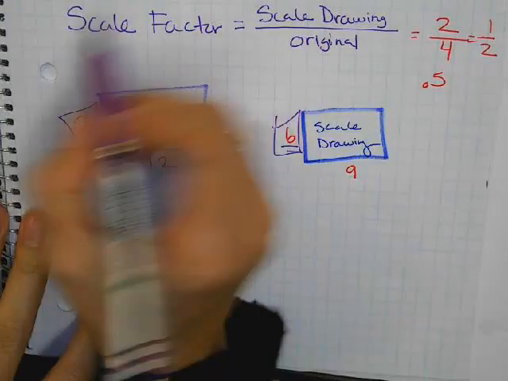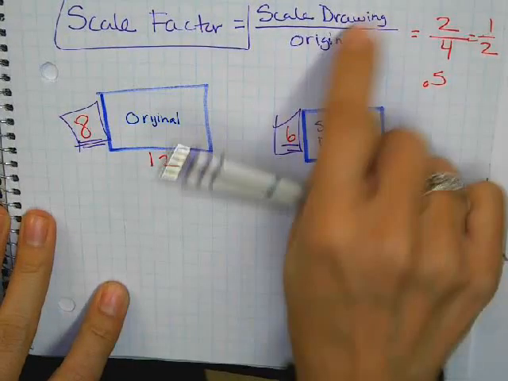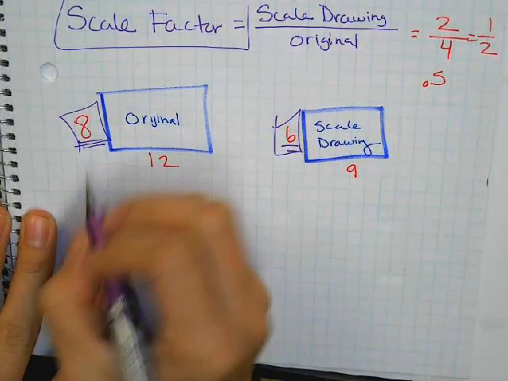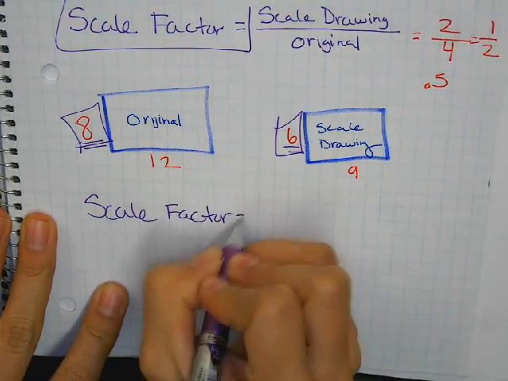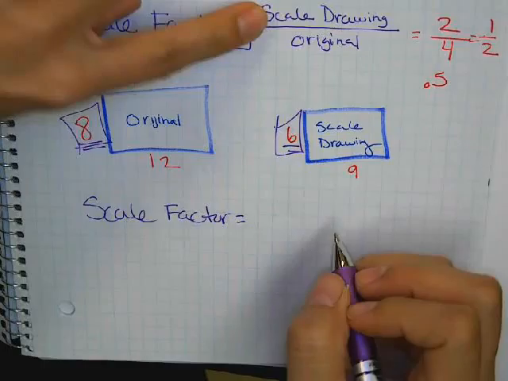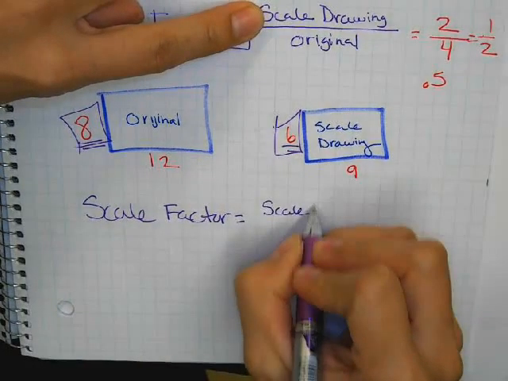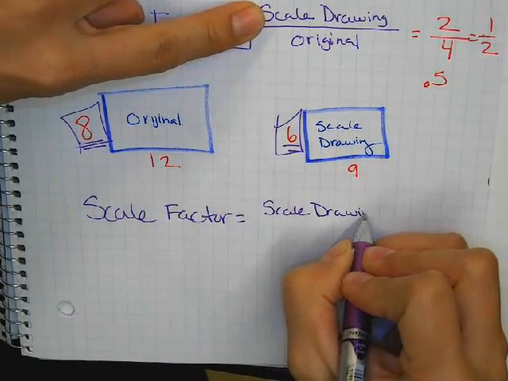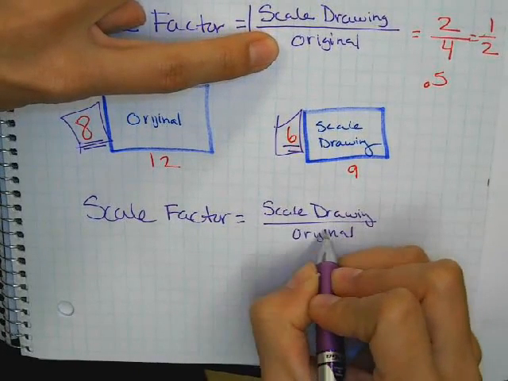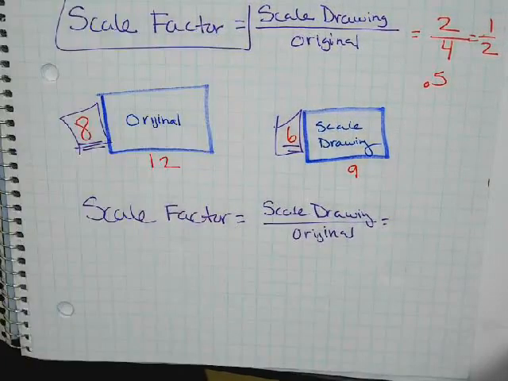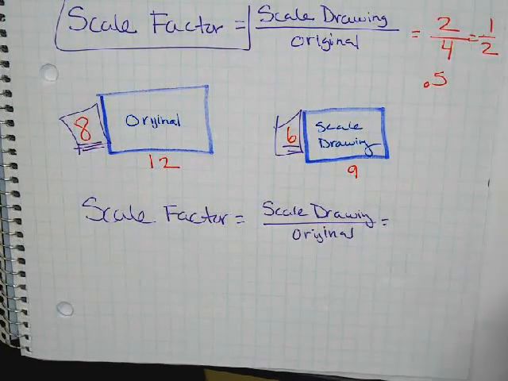So instead of guessing, we use this. How do I get scale factor? Scale factor is equal to scale drawing over original. Write it again, please. Pick a number on your scale drawing. 6.